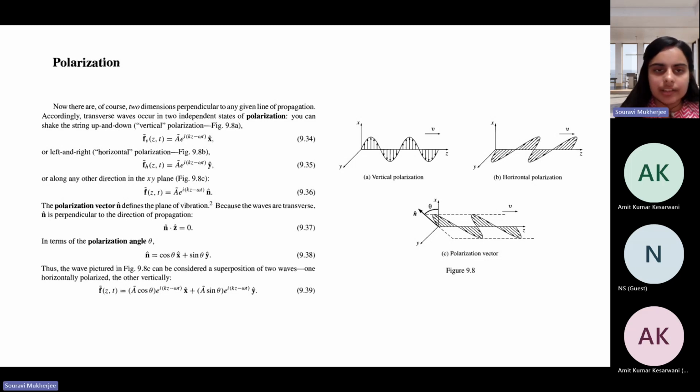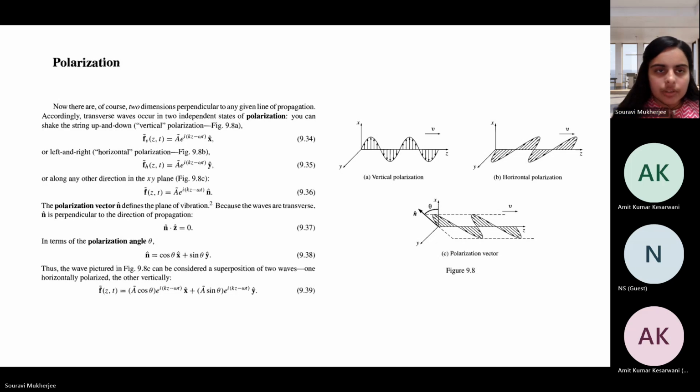Otherwise, if the magnitudes in x and y are different, it becomes elliptically polarized light. These things are similar to what we generally do for any kind of waves. It's not particular to just light; it applies to any electromagnetic waves or any wave-like disturbances.